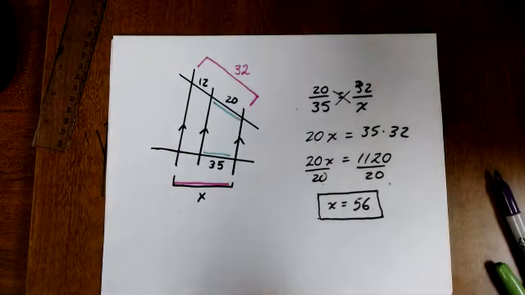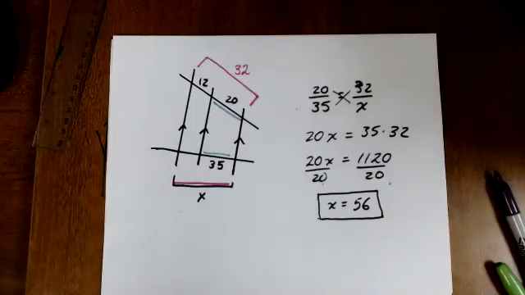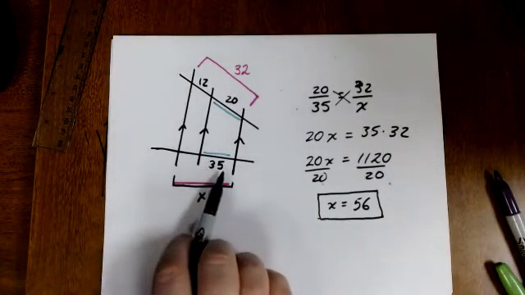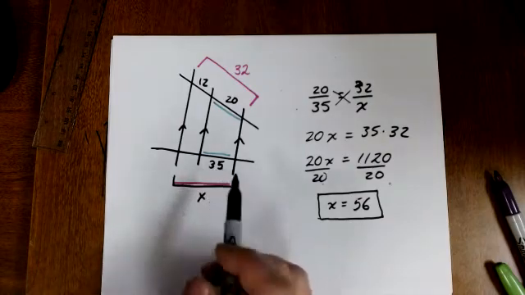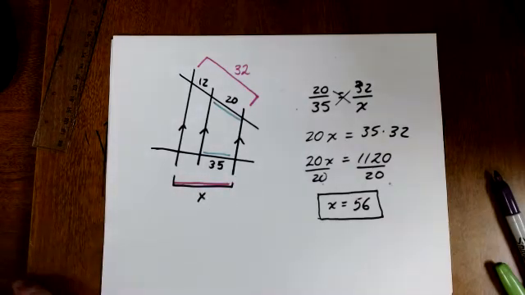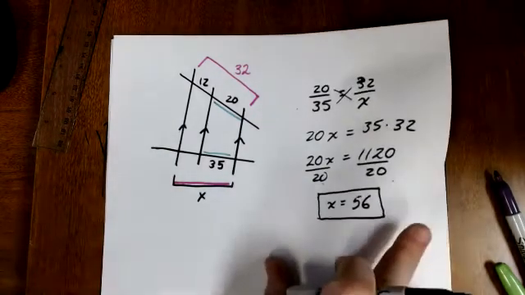And you know, it's always good to look at your answer and say, does that kind of make sense? Well, we know it's got to be bigger than 35, right? Because we've got this here. And so, yeah, it looks like a pretty good size number, you know? Cool. All right.